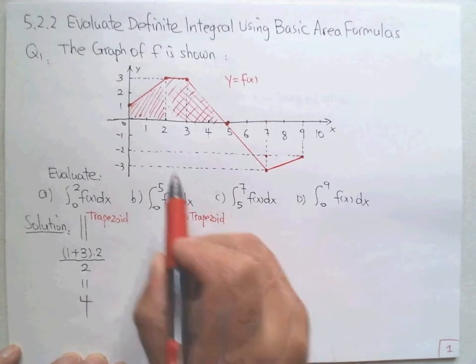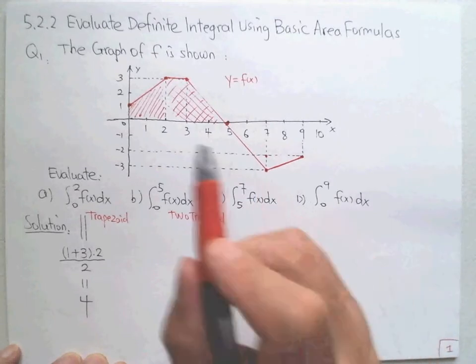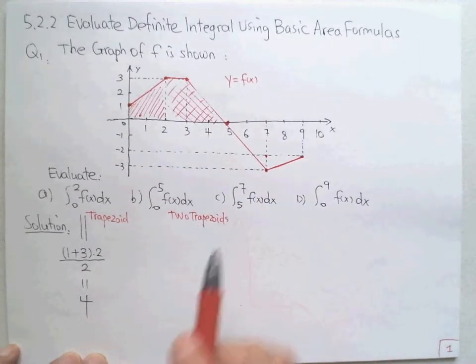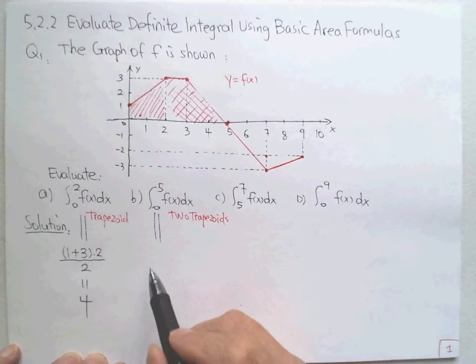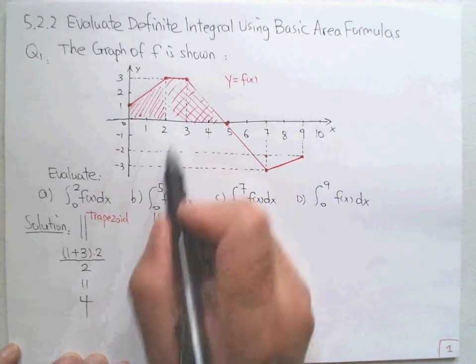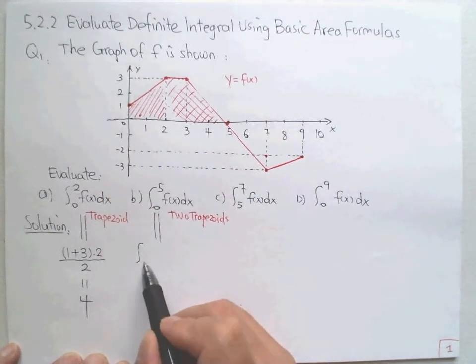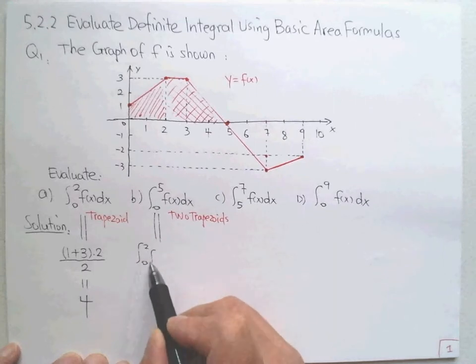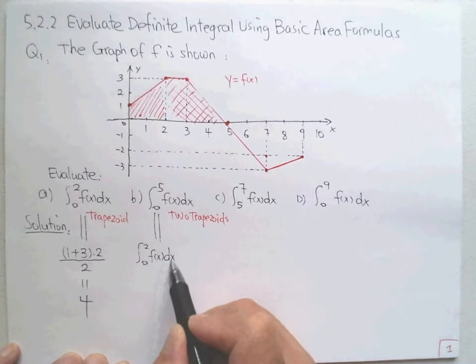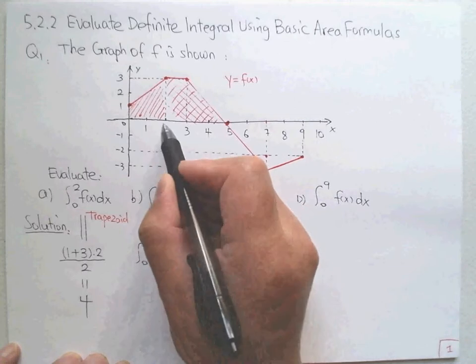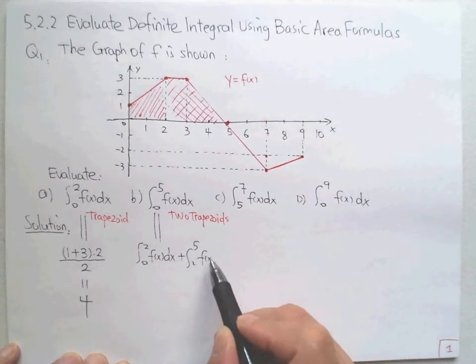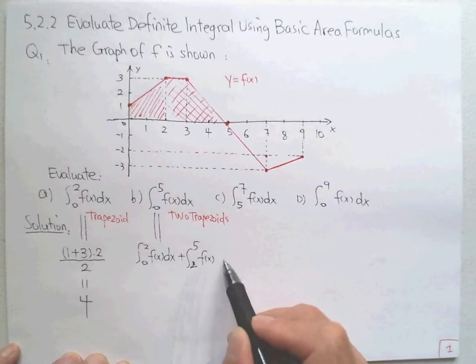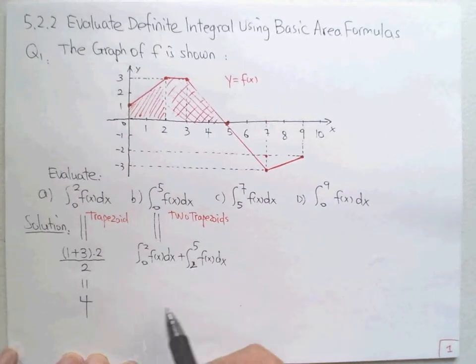Use the integral property we just learned before. The first is the integral from 0 to 2 of f(x) dx, and the second part is from 2 to 5 of f(x) dx. So we do the calculation.